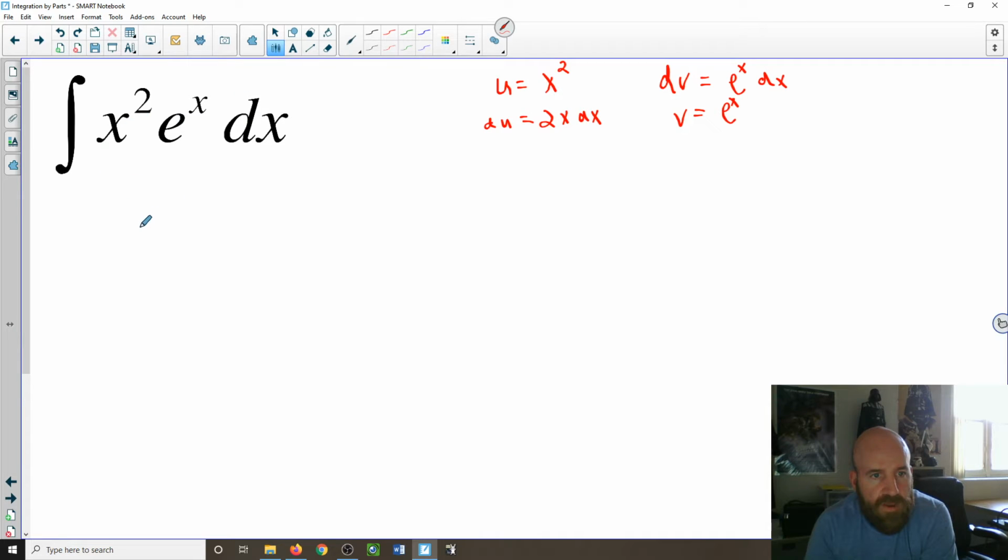So this would equal uv. So remember diagonals: x squared e to the x minus the integral of v du. So we have 2x e to the x dx.